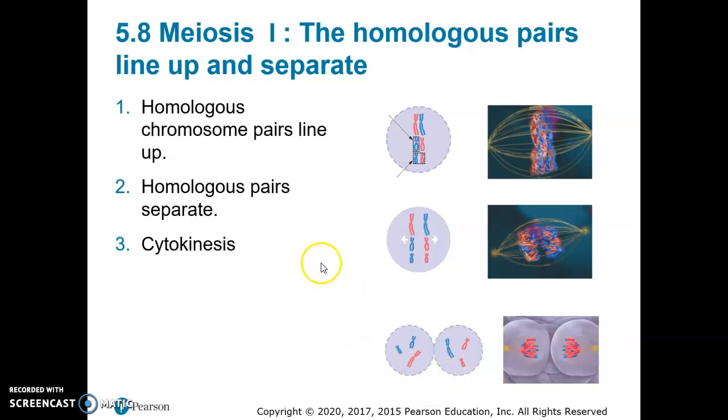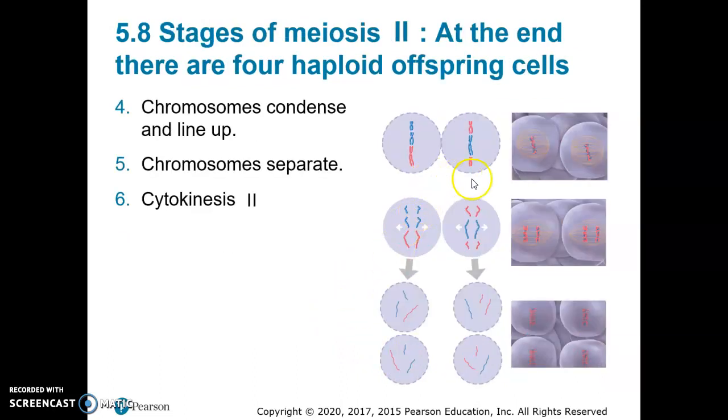So in the first round of meiosis, some really significant stuff takes place, and that is the lining up side by side of the homologous pairs, the separation of the homologous pairs, and the production of two haploid cells. Those two haploid cells are now going to go through meiosis 2, the second round.